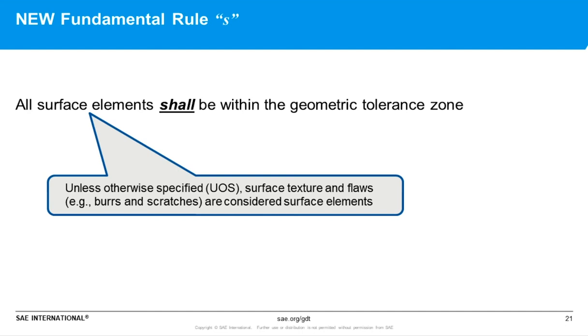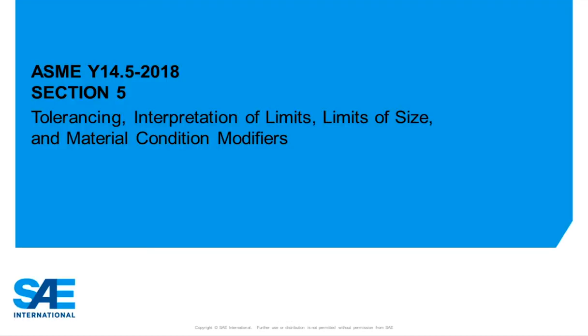Prior to this version, people had different interpretations. So does the tolerance zone include burrs and scratches or surface texture? Many times customers would prefer to have those included, and obviously suppliers not, and so it was a source of dispute and could obviously lead to disputes in part acceptance. So now that's been settled with this rule.